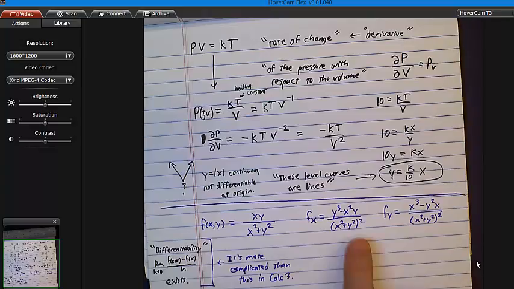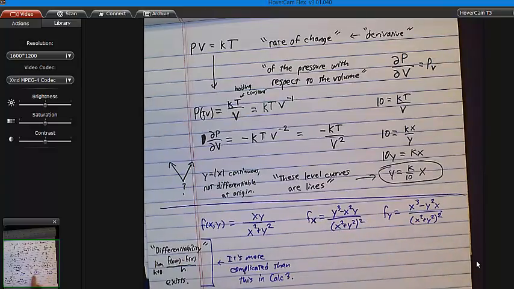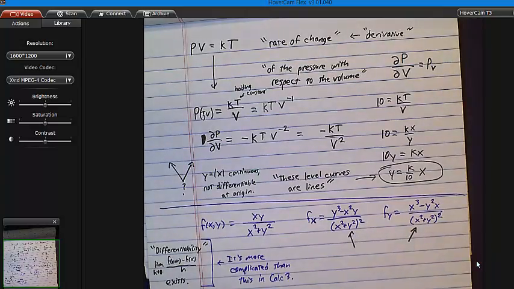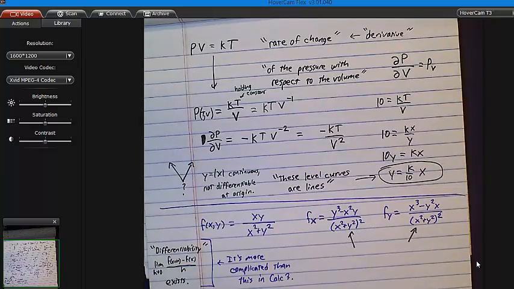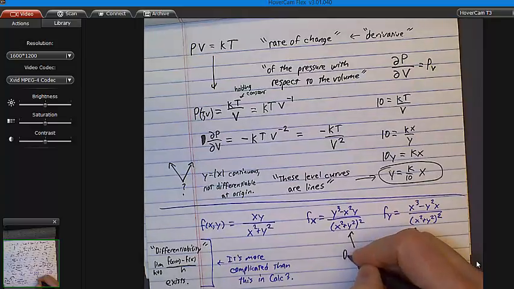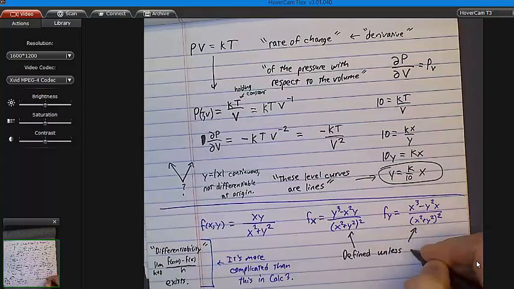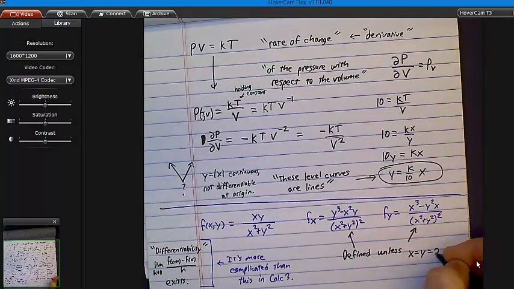But back to our example. We computed these partial derivatives. Are these partial derivatives defined everywhere? Well, I guess these are defined unless what? If x and y are both 0, then we're out of luck. Okay, that's fine.